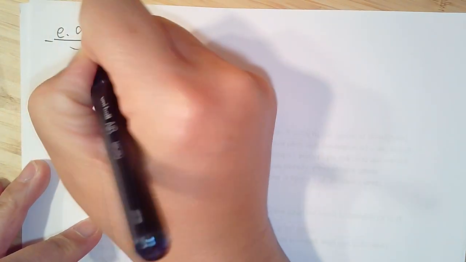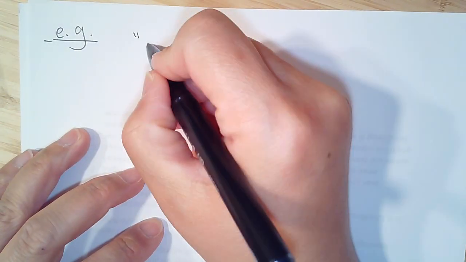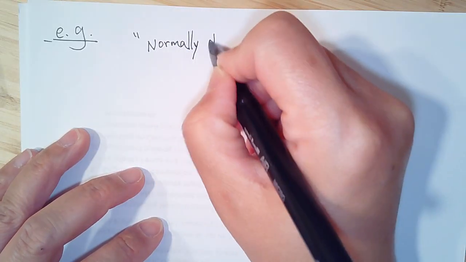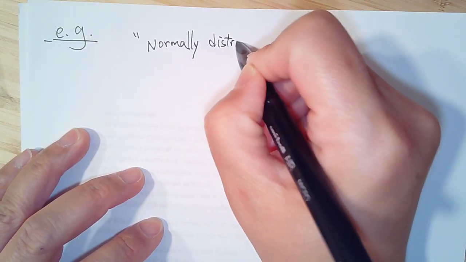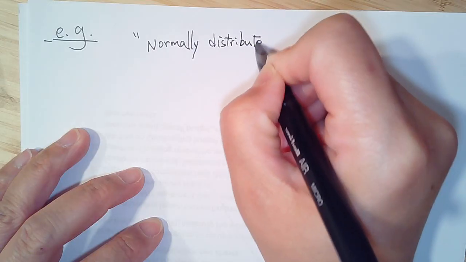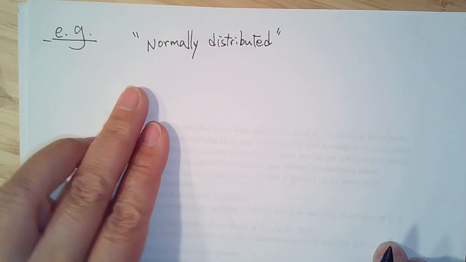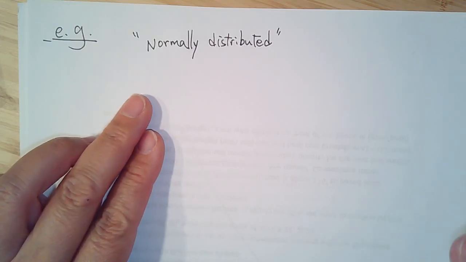Now, here's the example. Heights of men are normally distributed. I like to see the keyword normally distributed. When I do the work, I always write down the keywords so later I don't need to go back and read the question again and again.